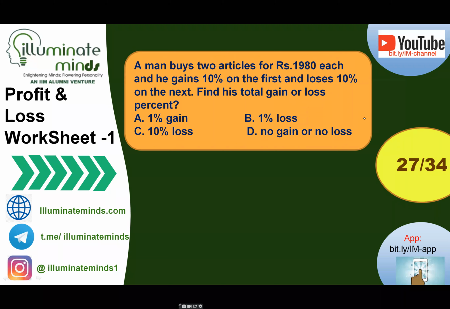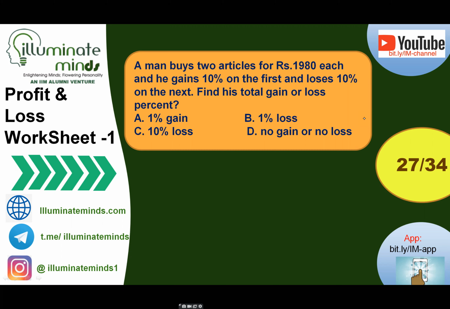Question number 27. A man buys 2 articles of 1980 each. He gains 10% on the first and loses 10% on the next. So find his total gain or loss percentage. So he buys 2 articles for 1980.